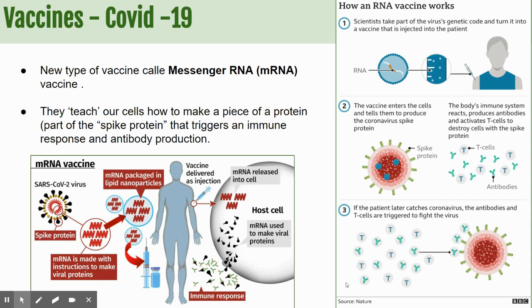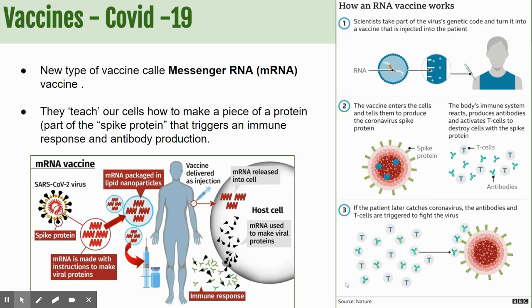So this is slightly different than the other way vaccines have been made in the past, in that instead of injecting a weakened virus or a piece of the virus, they're injecting a part of a code, the RNA code. It's kind of like DNA. It's very similar. Messenger RNA is what it's called.